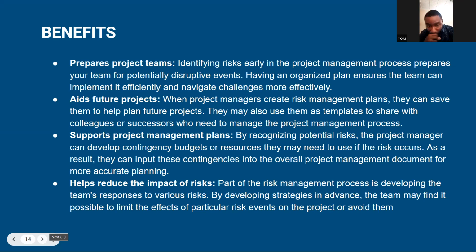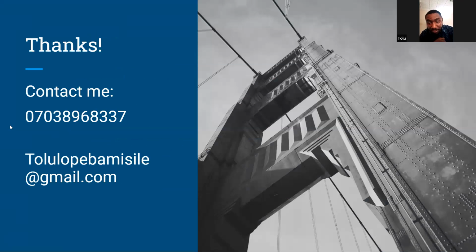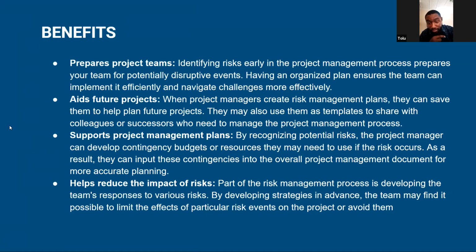So, support the project management plan by recognizing potential risk. The project manager can develop contingency budgets or resources that may be needed if the risks occur. As a result, they can input this contingency into the overall project management document for more accurate planning.